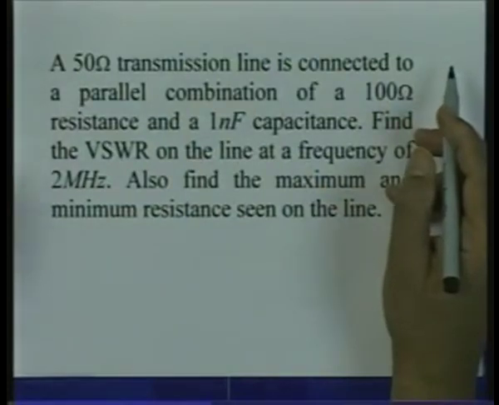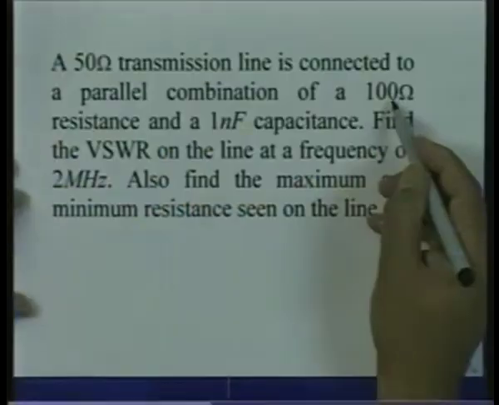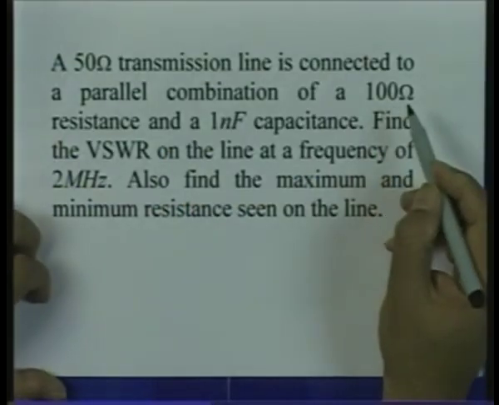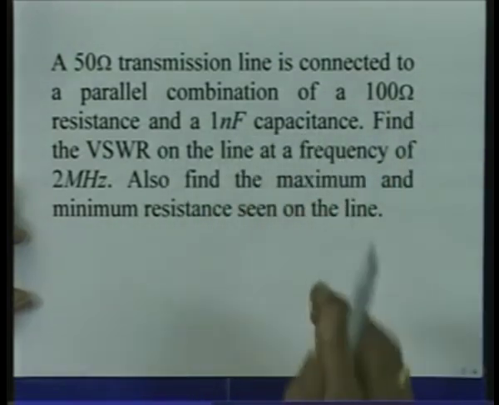It is possible that at that point we may have some stray capacitances, or intrinsically the impedance might have a capacitance. So, invariably you will see the output or input impedance of a circuit being a combination like this. So, here the impedance in which the line is terminated is 100 ohms in parallel with 1 nanofarad capacitance.